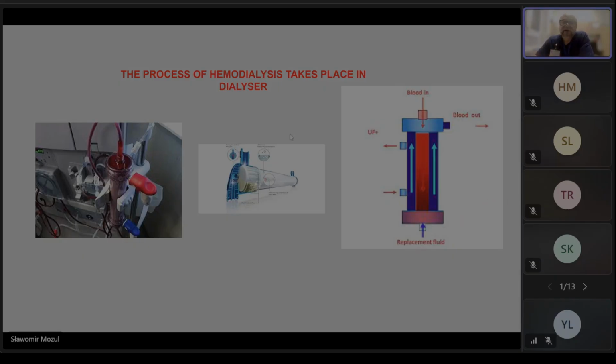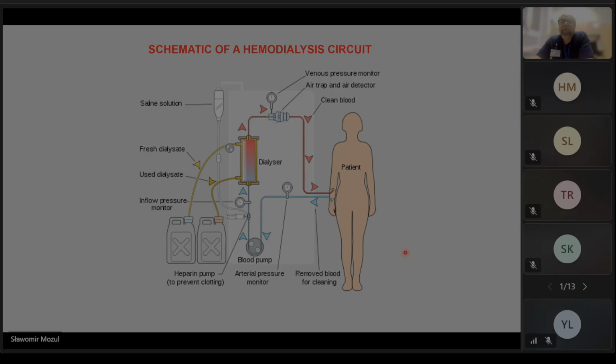From the cartridge, separate lines lead out for the blood and for the dialysis fluid. In this picture, you can see a schematic of a hemodialysis circuit.